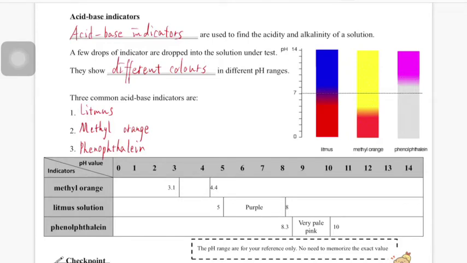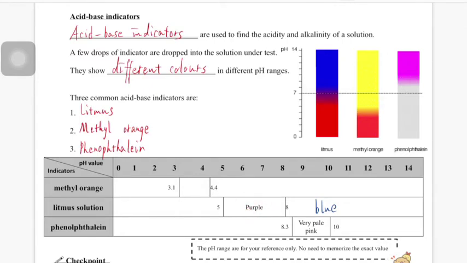So let's focus on the litmus here. Litmus, when in alkaline, between 7 and 14, will show a blue color. Within this region, you can see a transition area, around 7, where you will see a purple color.